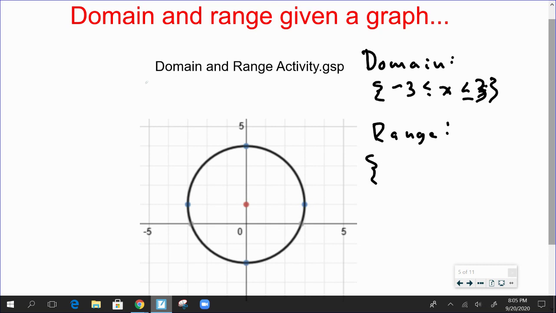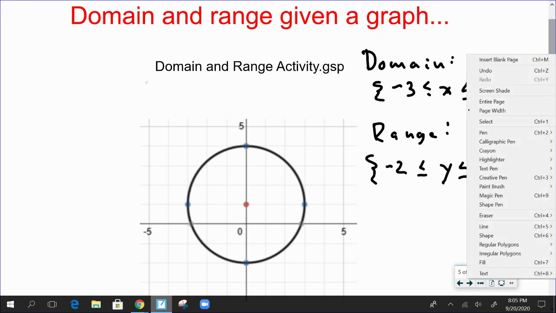Well, this is a continuous graph, so there's going to be a whole bunch of them. The shortest it is -2, and the tallest it is 1, 2, 3, 4. Now it's every value between there, and I can't list every single value. So I'm going to use an inequality again. So it goes from -2, and these are the y's, to 4. Less than or equal to, less than or equal to.